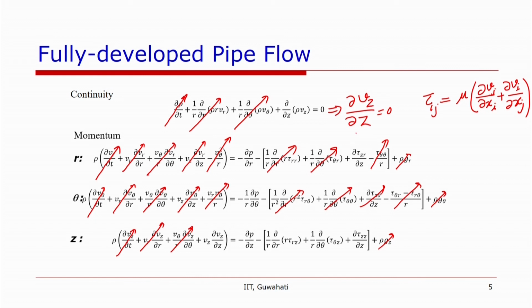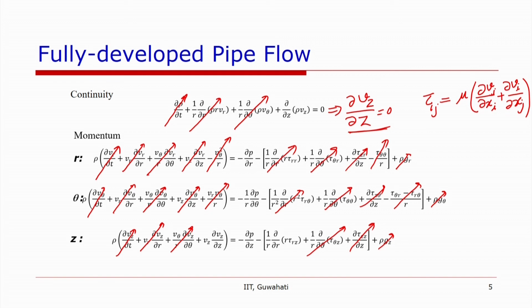So this we have seen is also 0, so this component is also 0, tau theta z is 0 because del by del theta is 0. So only two components remaining. Again this will be 0 because of del tau rz over del z, and the shear stress will not vary because the flow is fully developed, so shear stress will not vary in the axial direction, so this is also 0.